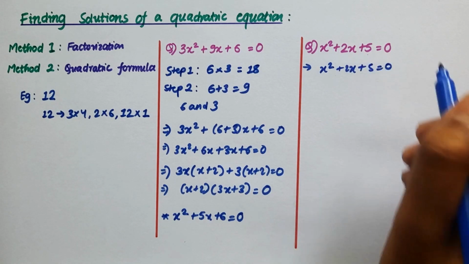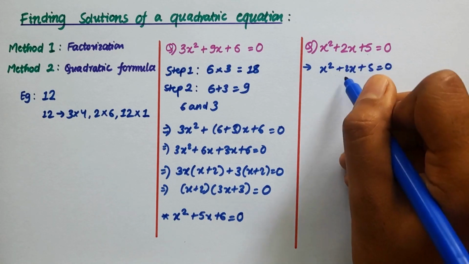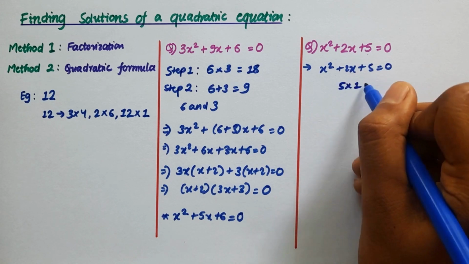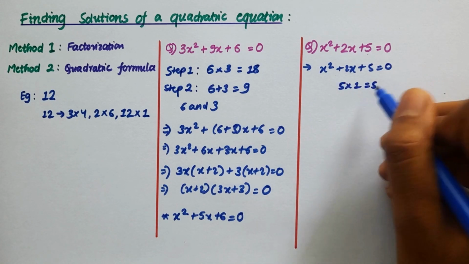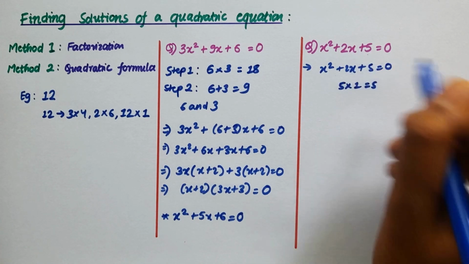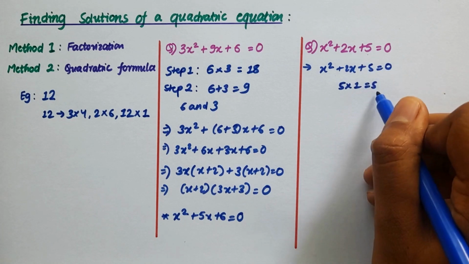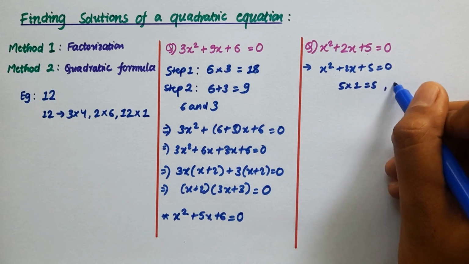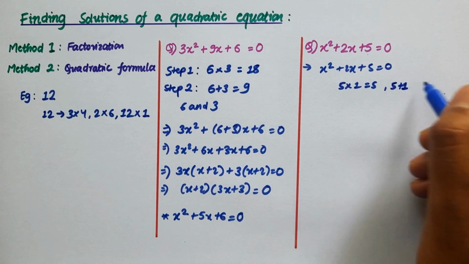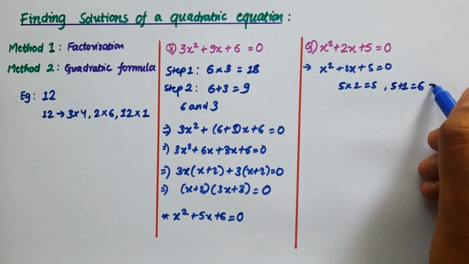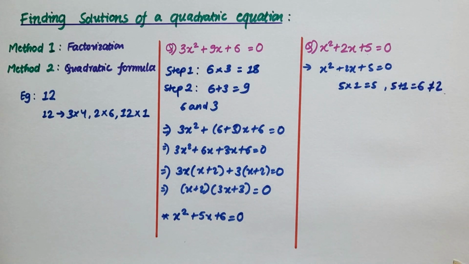Now this would mean that I need two numbers whose product is 5 and whose sum gives me 2. But the only product for 5 is 5 times 1, and 5 plus 1 is equal to 6, which is not equal to 2. So we cannot find integer pairs that will satisfy both these conditions.